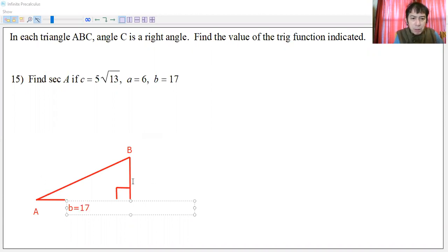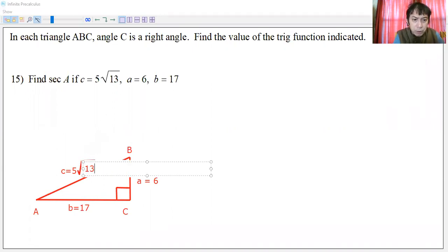Side A is up here, the vertical side. This will be A is equal to 6. And then the hypotenuse, this is C is equivalent to 5 square root of 13. So this is square root of 13. So we put the number 13 inside. That's 1, 3. And we have it over here.